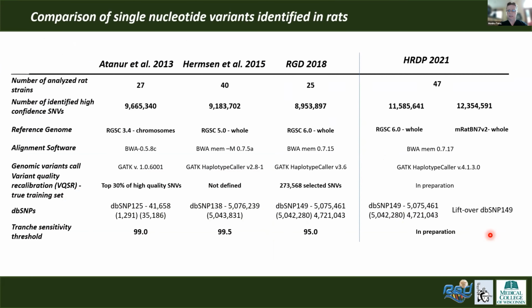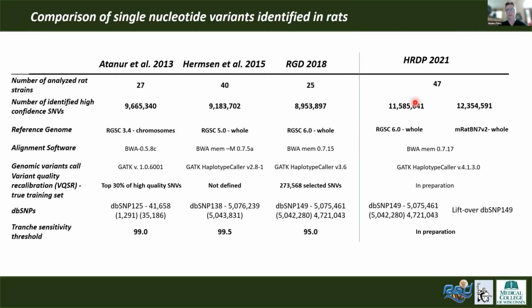Here I compare the studies done over the years, the major ones which provided single nucleotide variant data, from 2013 and 2015. RGD reanalyzed the 2013 data of the 25 strains up to date with the recent rat reference.